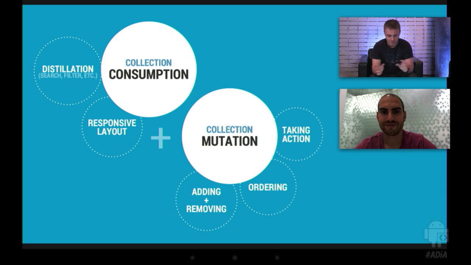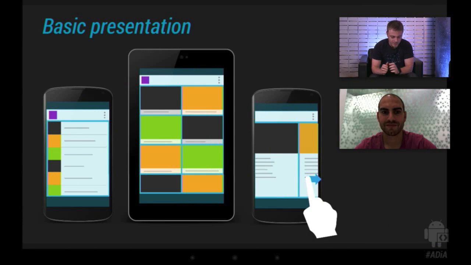All right, so I know that was a super fast intro. Before we jump into all these specific details, we just want to look at one thing first, which is the basic presentation. Throughout the rest of today's episode, we're going to be looking at very specific details, but from a very high level. This is stuff that we've already talked about in the past, but we're going to be looking at collections from a number of different viewpoints.